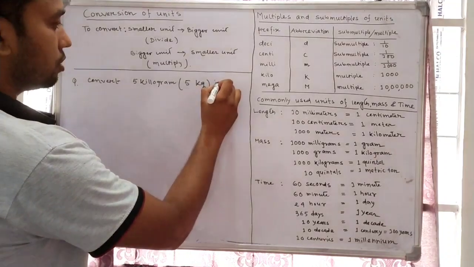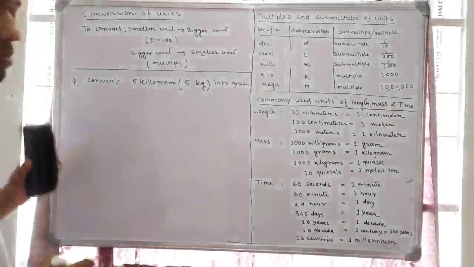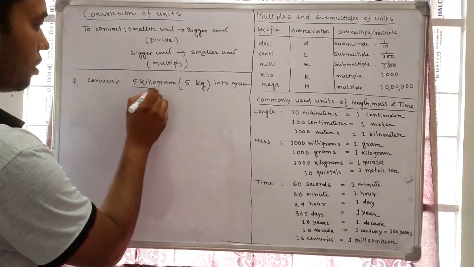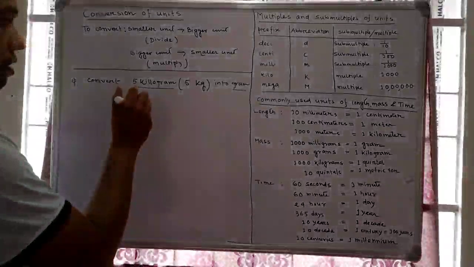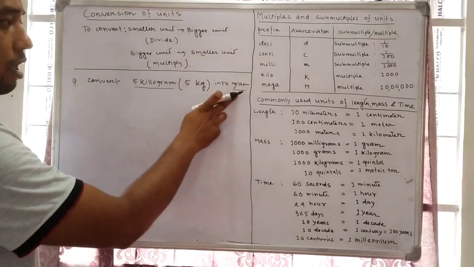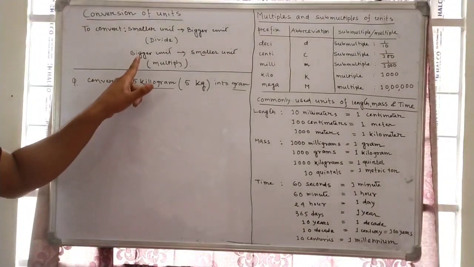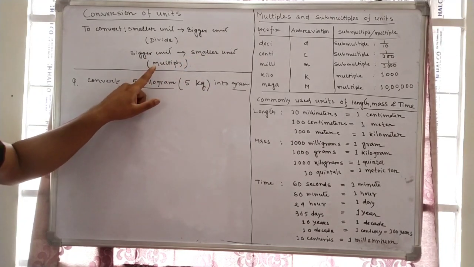Convert 5 kilogram into gram. Okay. So here the value is 5 kilogram and we need to convert it into gram. So kilogram is a bigger unit and gram is a smaller unit. So when you convert a value from bigger to smaller unit, then we have to multiply the value.